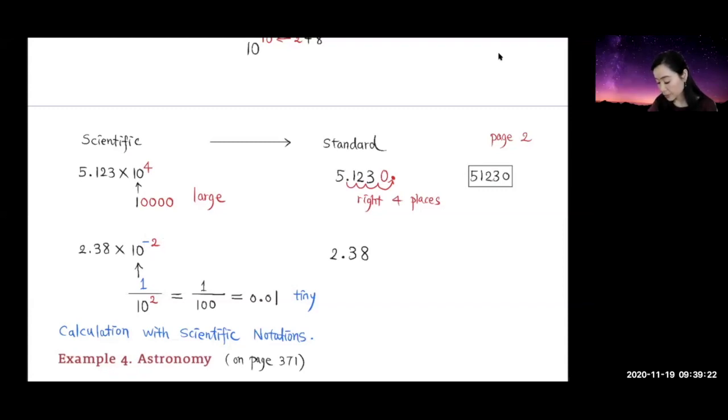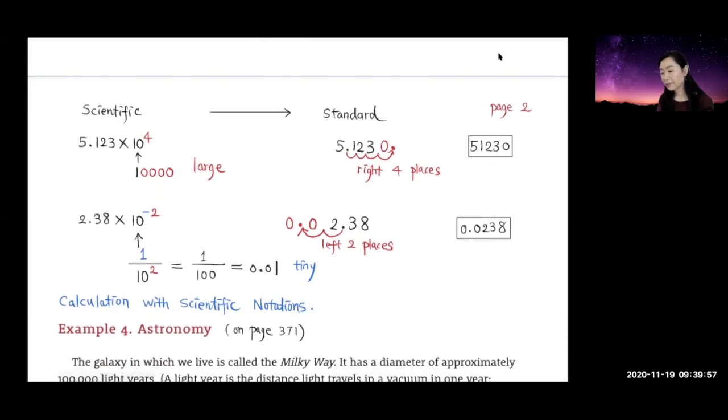Move it 2 places, 1, 2. So the new decimal point will be over here. Now you fill in the 0s right here. So to the left, 2 places. Now the result here will be 0.0238. So that is the number we got.